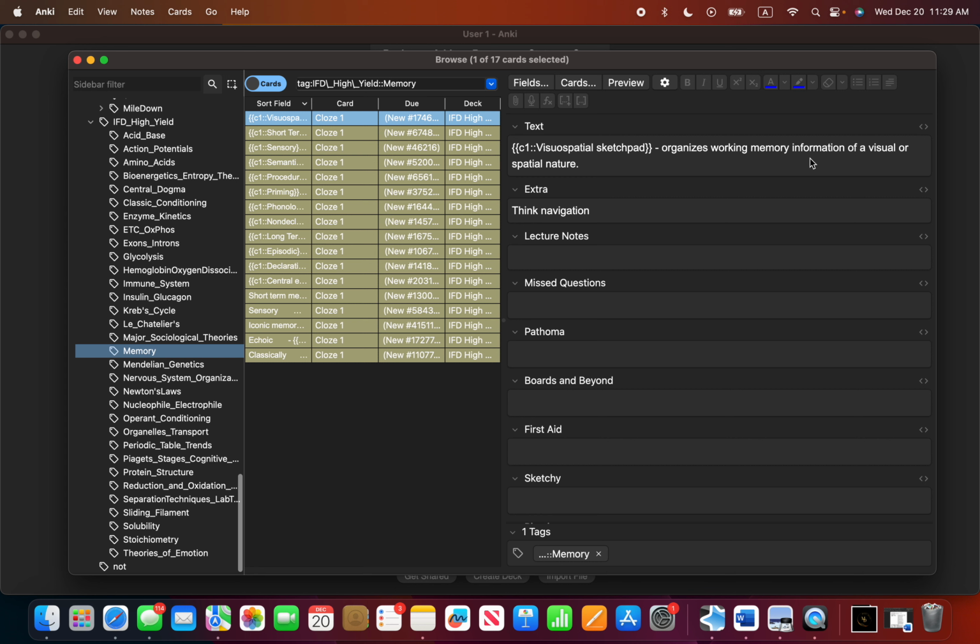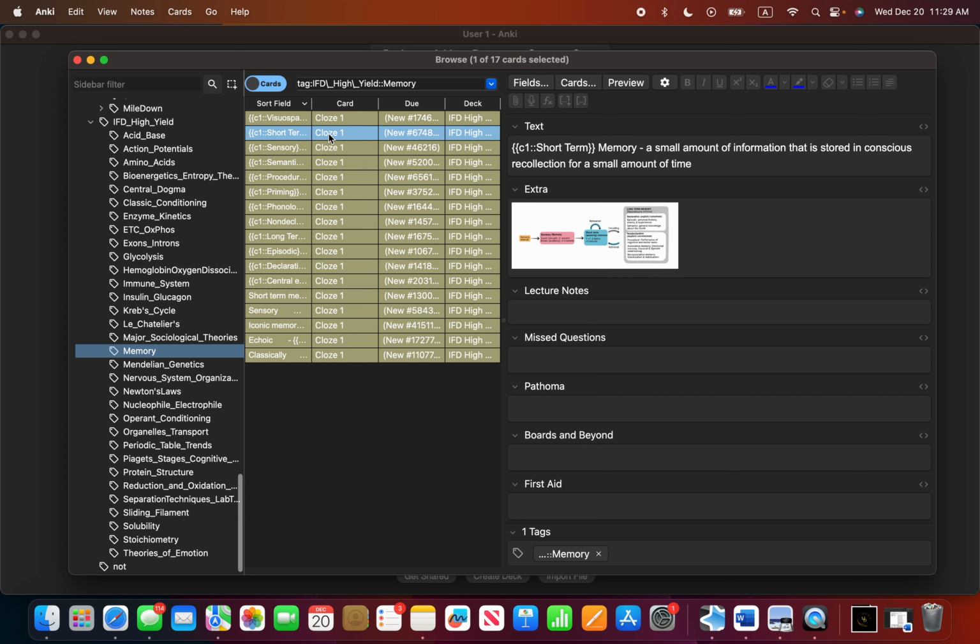When you navigate, you receive working memory of a visual or spatial nature, and what organizes it is the visual spatial sketchpad.